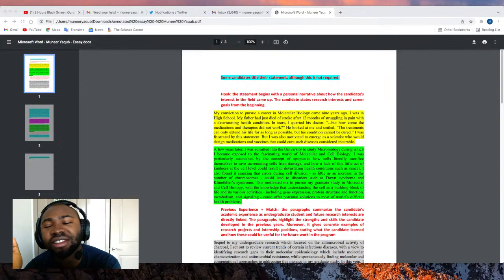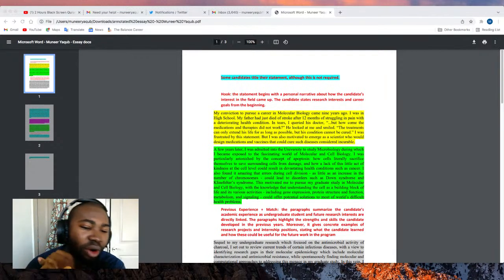The first thing to bear in mind is that the people who want to read your statement of purpose are professors. They are very busy, and you're not the only applicant. They have a lot of applications right in front of them.